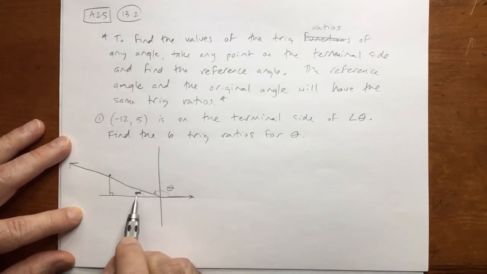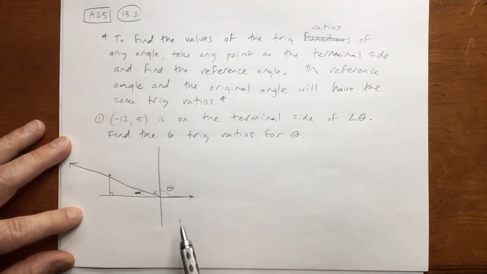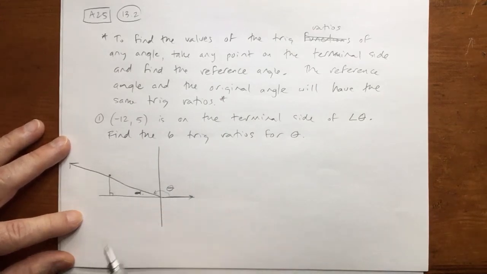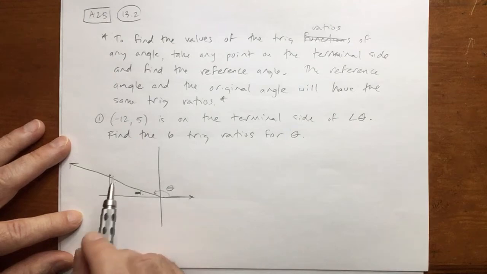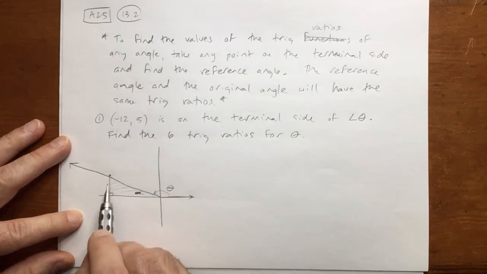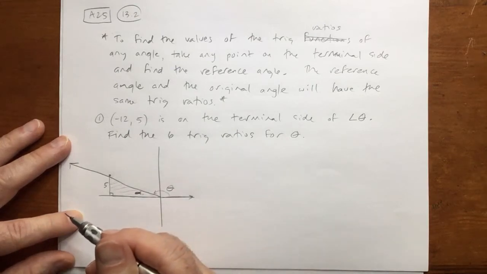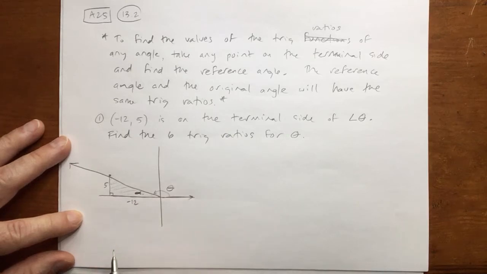And if I can find alpha, I can find the trig ratios for theta. Okay, well, let's see what we know. Okay, I know that this leg right here of this reference triangle, it's 5 up. But, and this is important, to go from here to here, we went left. And it's 12 left, so I'm going to put a negative 12.